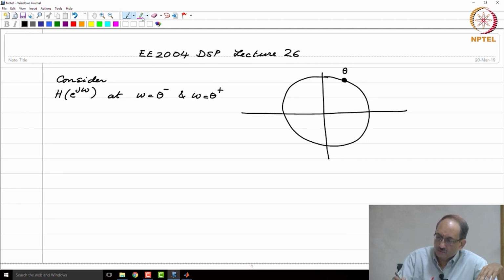So, we are looking at a point here and at a point here. So, this is theta minus, this is theta plus, epsilon close to theta.